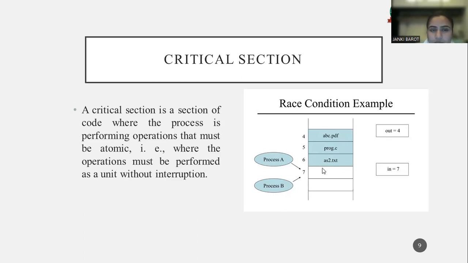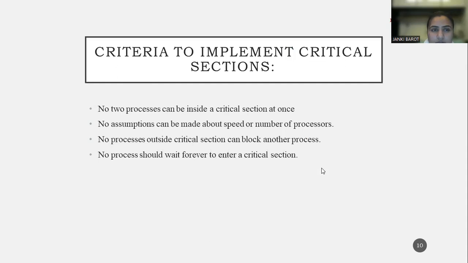So, which are the criteria to implement a critical section? I'll give a simple example of the critical section. First criteria: no two processes can be inside a critical section at once.